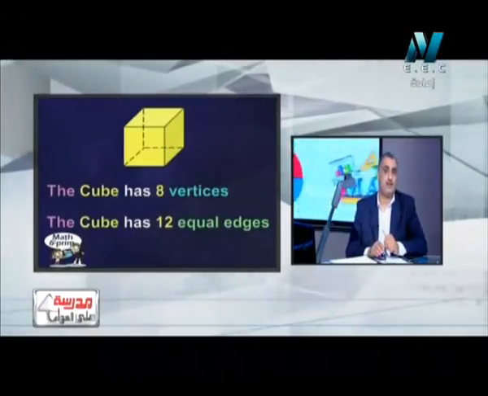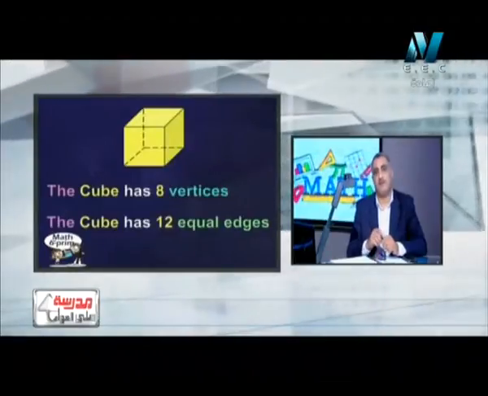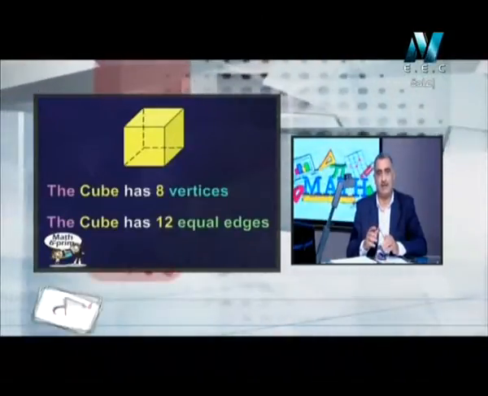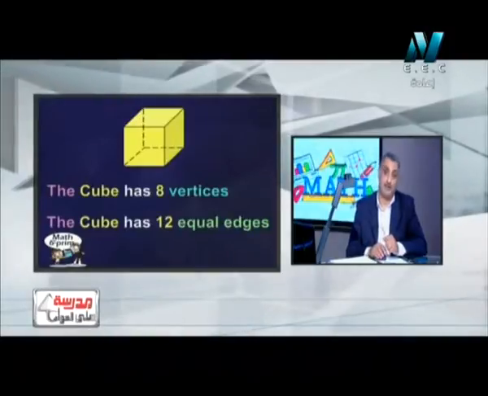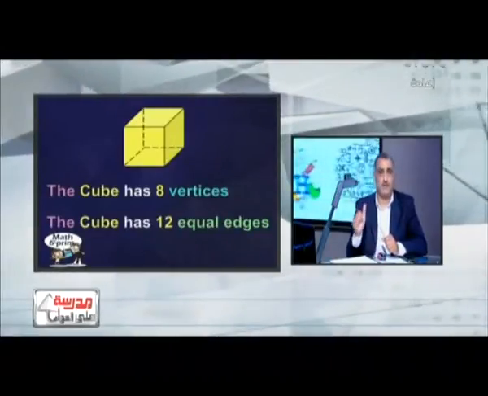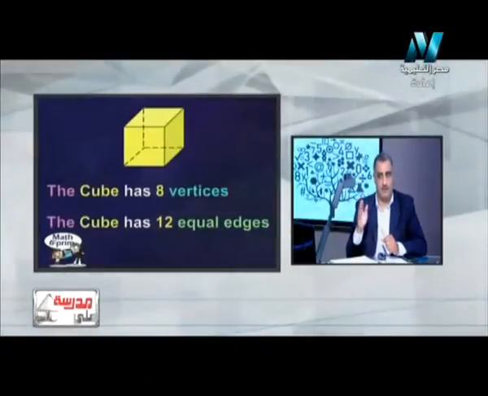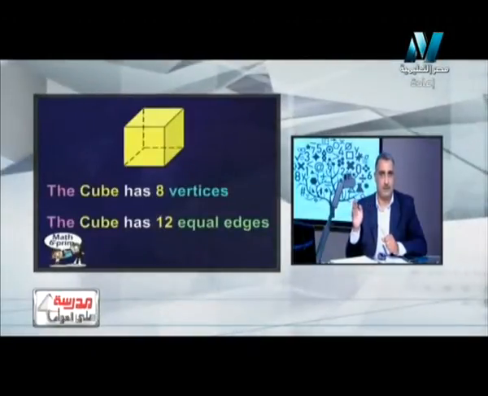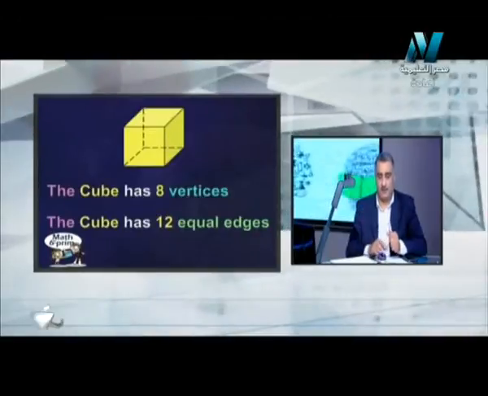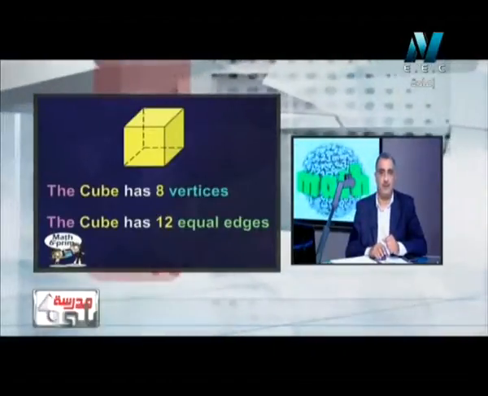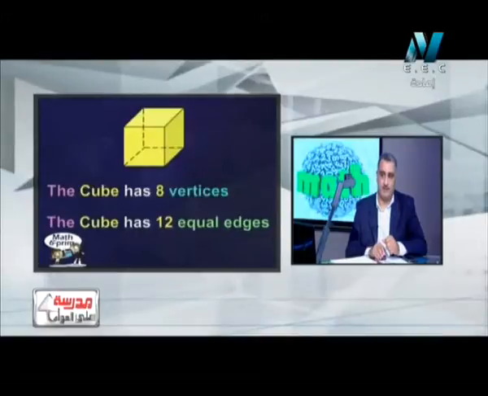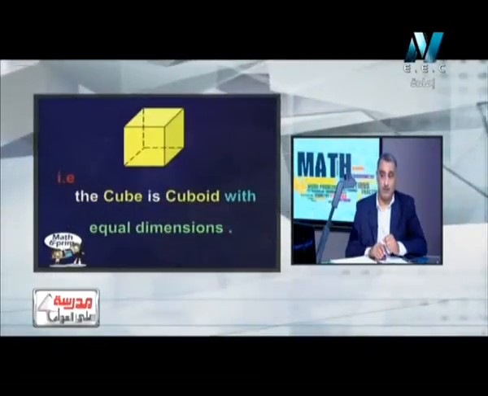We have 8 vertices, 12 edges, 6 faces, but the faces of a cube are squares, and the faces of a cuboid are rectangles.